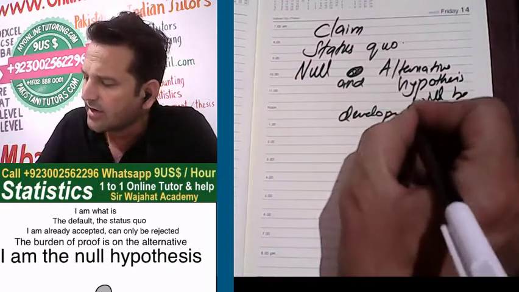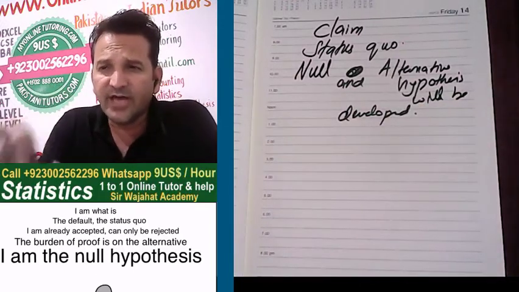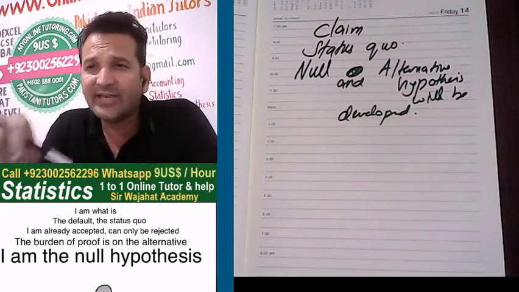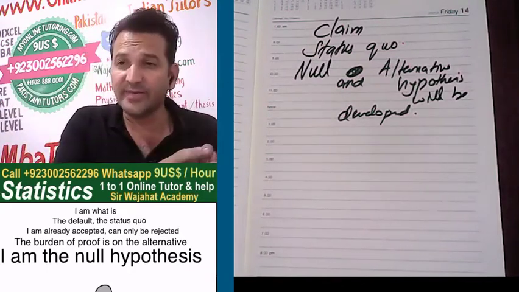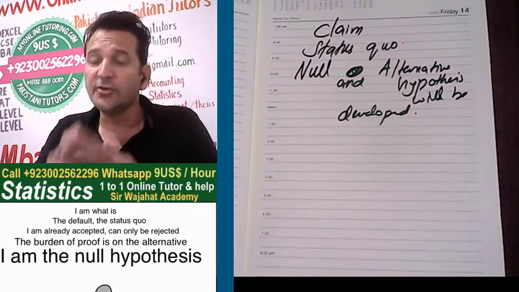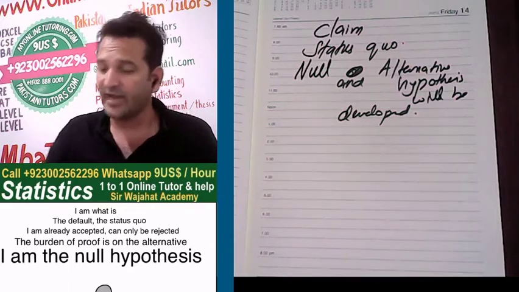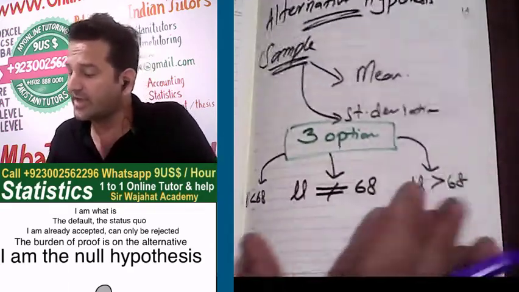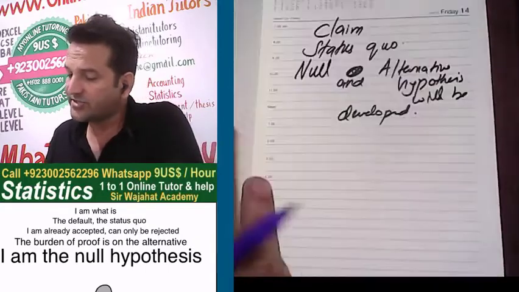What does it mean? It means the values. Usually, most of the time, you will find the values of the sample, that the sample mean is this and the sample standard deviation is this. You will not use those values to construct the null and alternative hypothesis. So we are making the three statements.